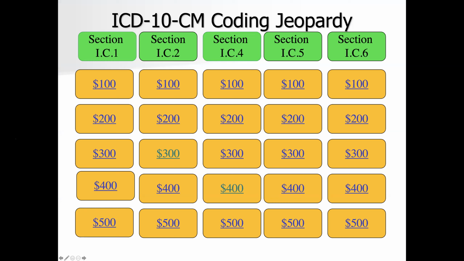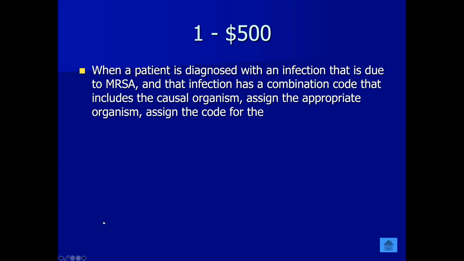Section 1 for 500. When a patient is diagnosed with an infection that is due to MRSA, and that infection has a combination code that includes the causal organism, assign the code for the... All right, Lisa, we need an answer.